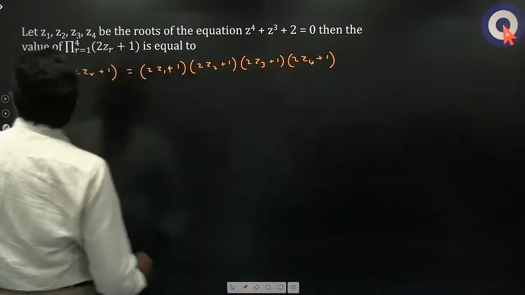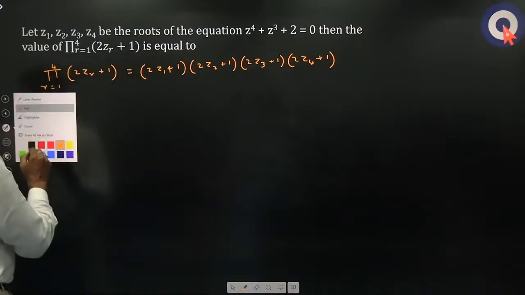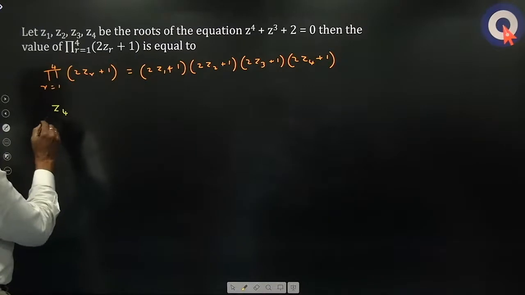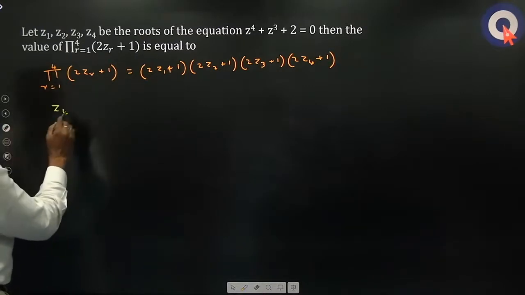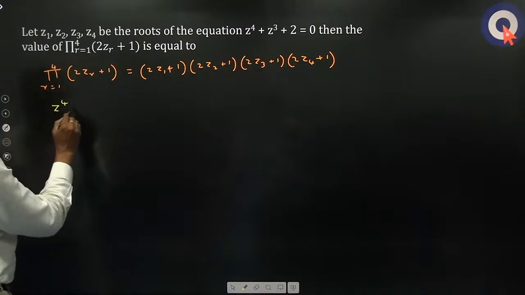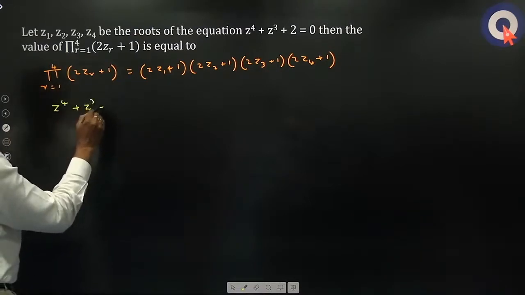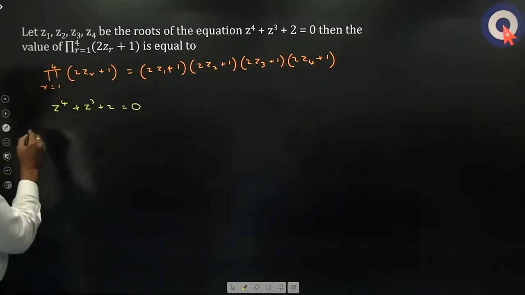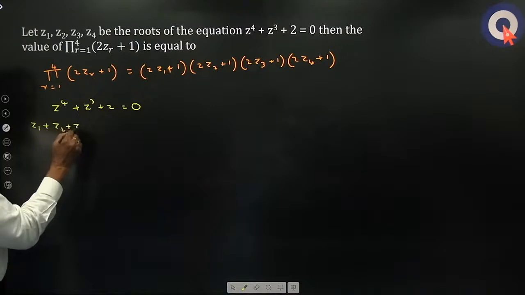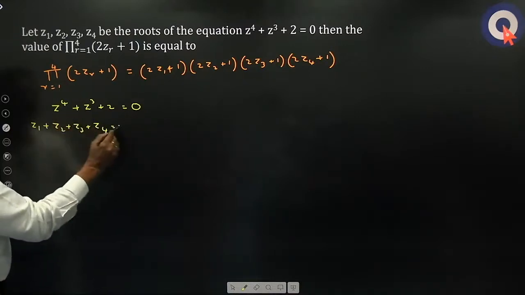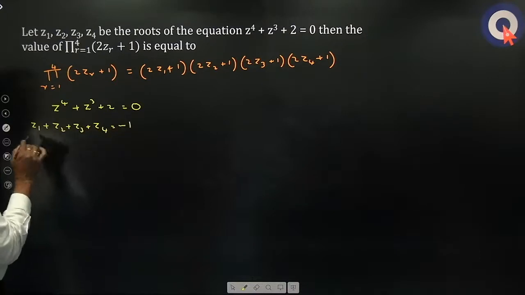All right. The given equation is z power 4 plus z cube plus 2 is equal to 0. So for this equation, the sum of the roots, which is z1 plus z2 plus z3 plus z4, is minus b by a, which is minus 1.